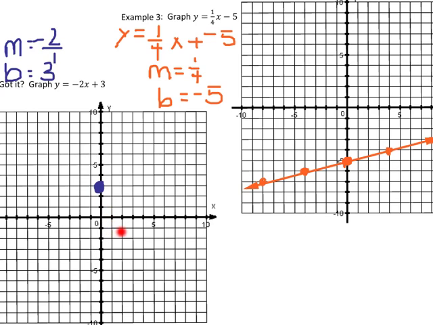Down 2, right 1 again, and I continue that pattern until I run out of space on my grid. I also need to go in the complete opposite direction, so I would go up 2 and left 1, until I run out of room on my grid.